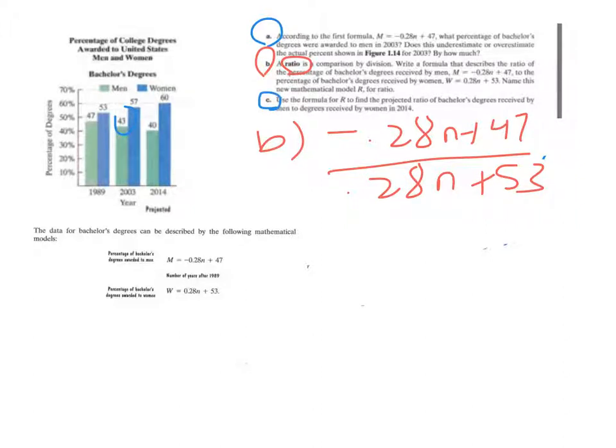And so once we have this ratio, for C, we want to know if we use this ratio, what we get for women and men at 2014. Which happens to be 25 years over.